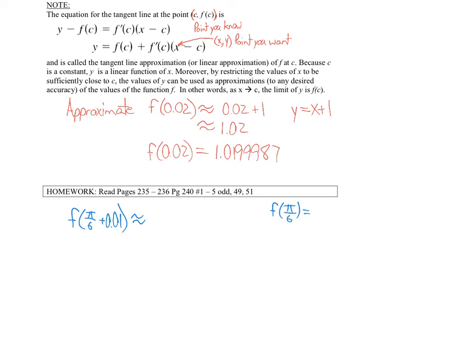f of pi over 6 is going to be 1 plus sine of pi over 6. What's sine of pi over 6? 1/2. Yeah, okay. Whoop, not pi over 2, pi over 6. All right, so this is 1.5.